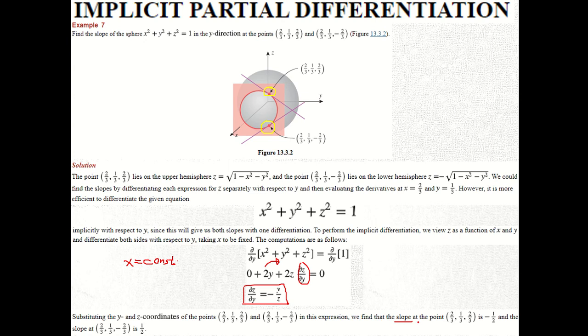So the slope at this point, with these coordinates, is equal to negative 1/2 when you substitute here, because you have y, so take the value for y and also for z.